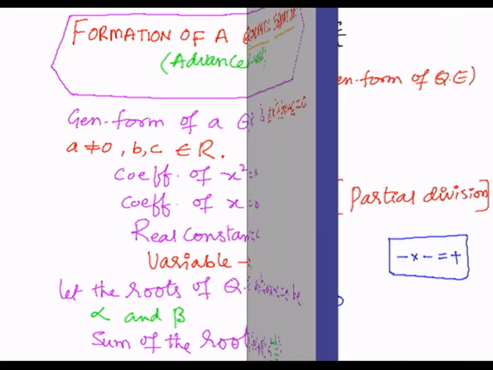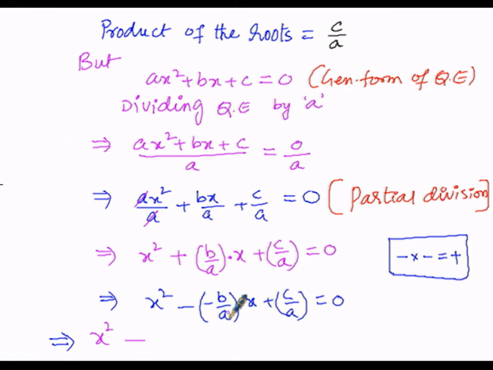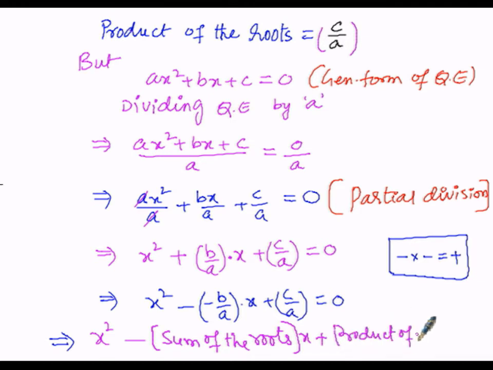So instead of minus b by a I am going to write within the bracket the sum of the roots, bracket close, multiplied with x plus c by a. Within brackets c by a can be written as the product of the roots, is equal to 0. So in this manner, this is the framed equation when the two roots are known.